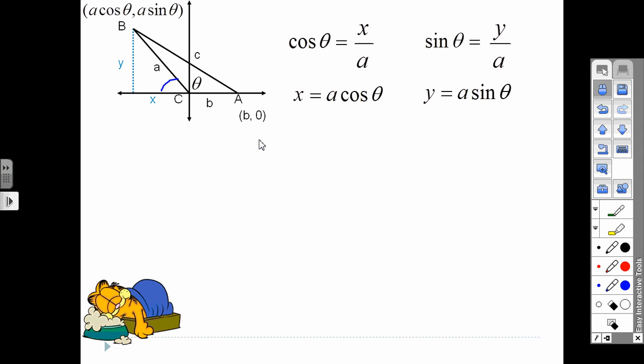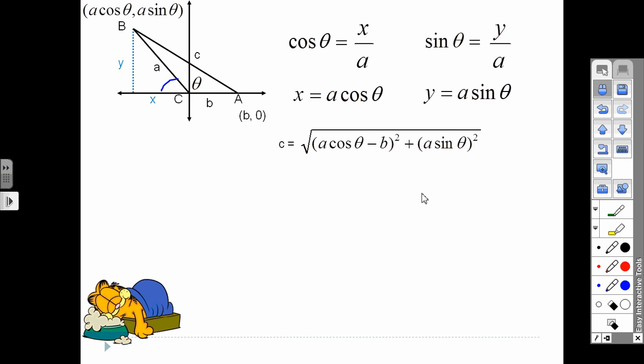All right, so in order to derive this thing, we are going to look at the distance of this segment right here on the triangle. And so we're calculating c. We're going to use the distance formula for the points B and A. So plugging everything into the distance formula, we take the square root of x2 minus x1 quantity squared plus y2 minus y1 quantity squared.